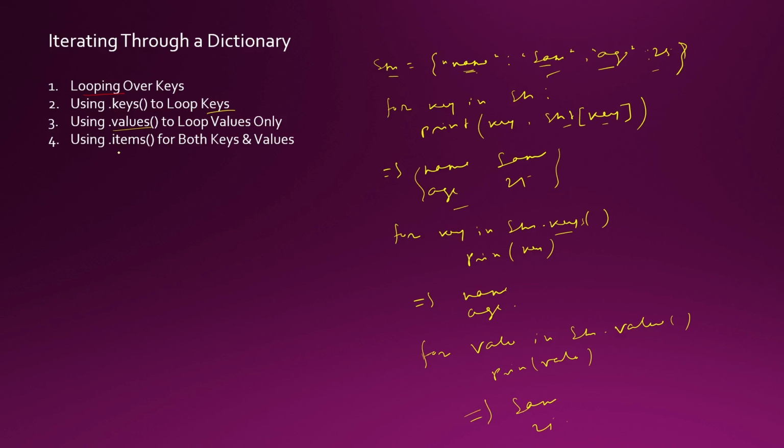And the last one is dot items. Dot items means it will fetch both keys and values.